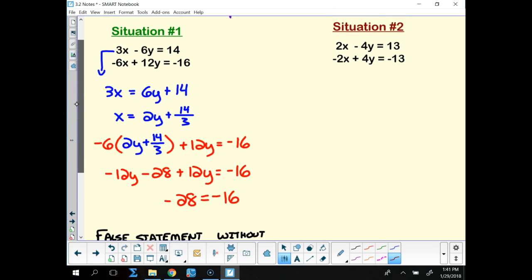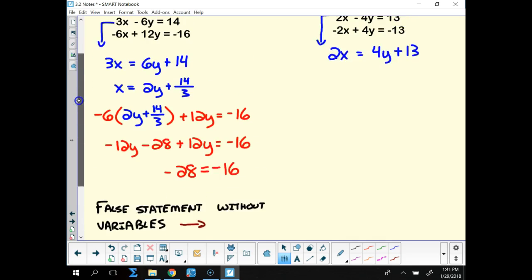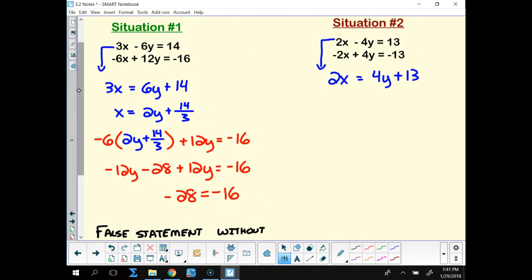Situation number 2. If I take my top equation and I solve it for 2x, then I can plug that into my bottom equation.